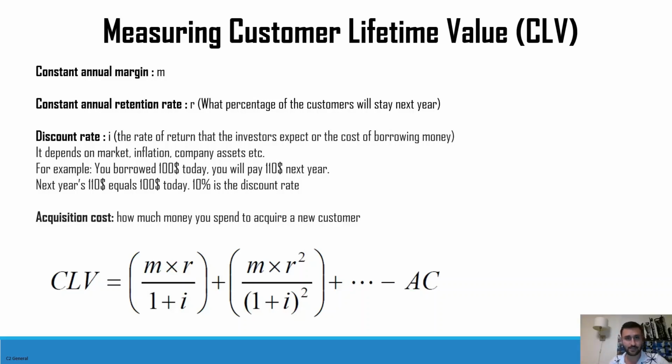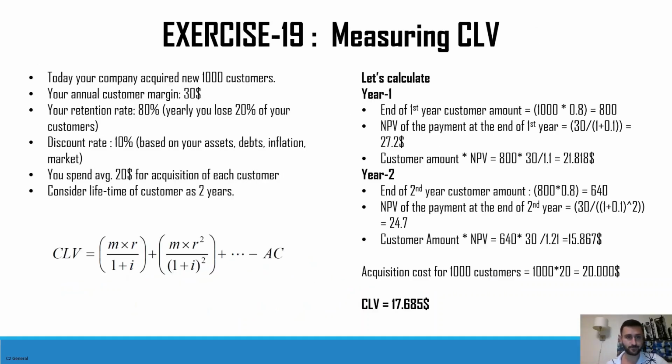Let's see an exercise to understand it better. Let's assume that today your company acquired 1,000 new customers and your annual customer margin is $30. Your retention rate is 80%, which means that yearly you lose 20% of your customers.